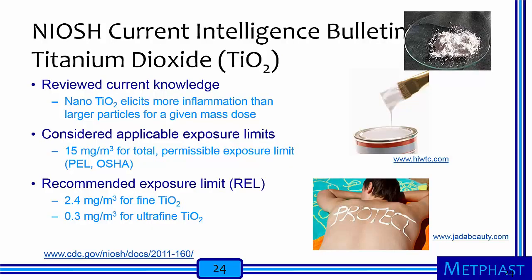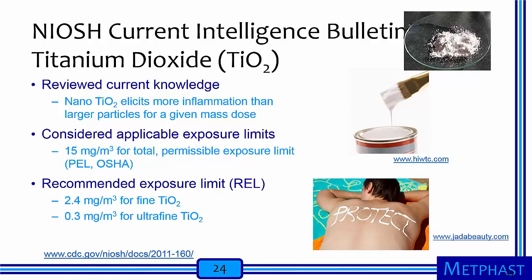From time to time, NIOSH issues current intelligence bulletins, or CIBs. They did so in 2011 for titanium dioxide, a white powder commonly used in many products such as whitener and in some sunscreens. In the CIB, NIOSH reviewed current literature showing that small TiO2 particles elicit more inflammation than larger particles for a given mass dose.